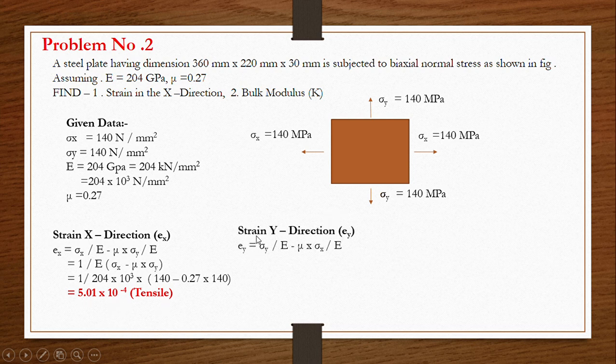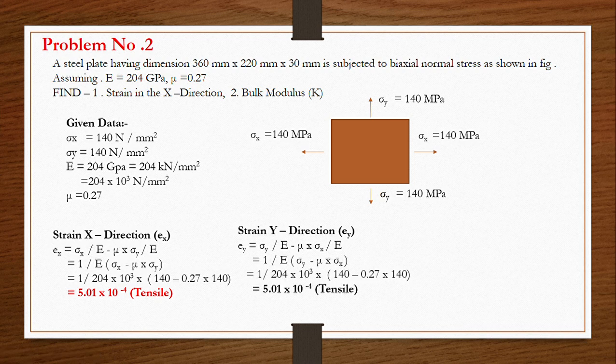Second, we have to calculate the strain in y direction. We also have to calculate the bulk modulus, so we will first calculate the strains in the x direction, y direction and z direction. In the same way, we get the value of epsilon y equal to 5.01 into 10 raised to minus 4. It is again tensile, that is positive.